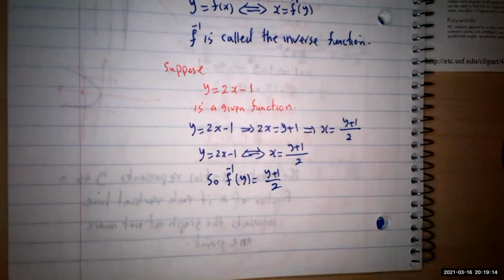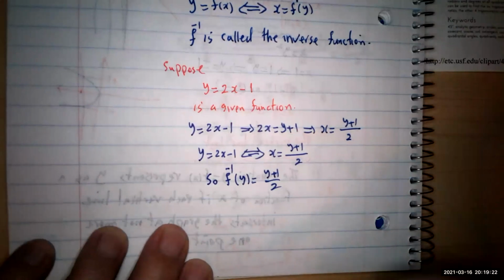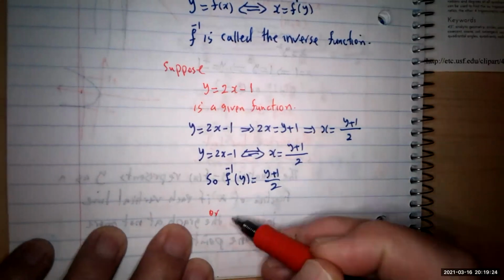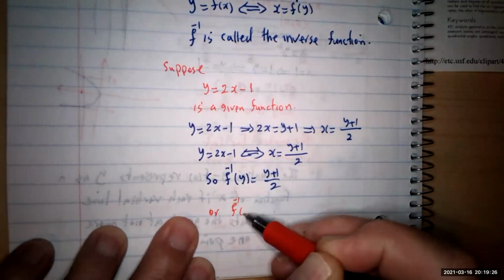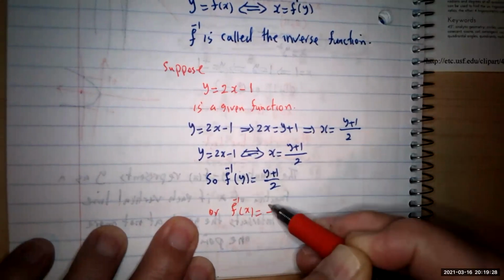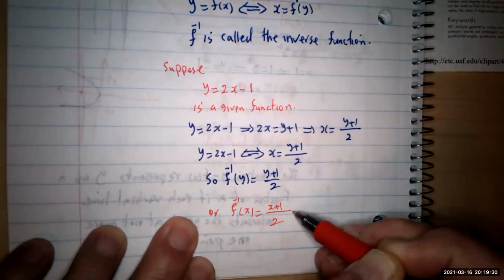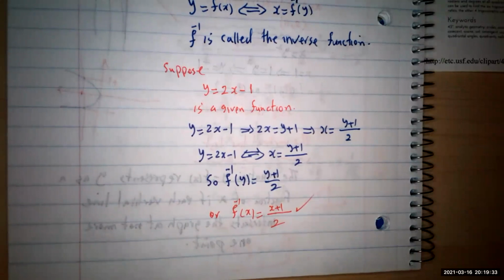If you don't like y, you can call it x or t, it doesn't matter. So f inverse of x is simply x plus 1 divided by 2. This is the meaning of the inverse function.